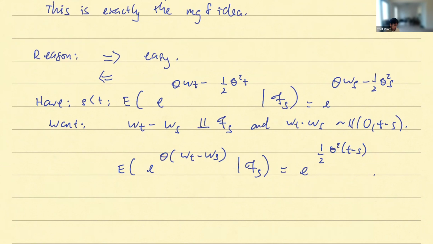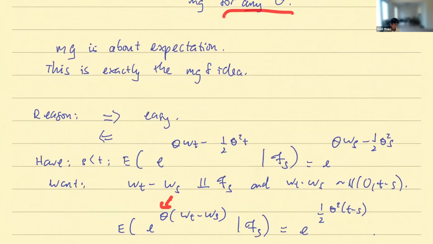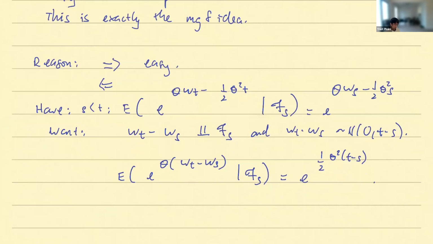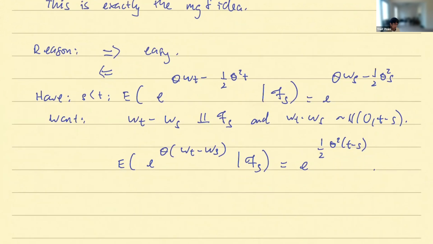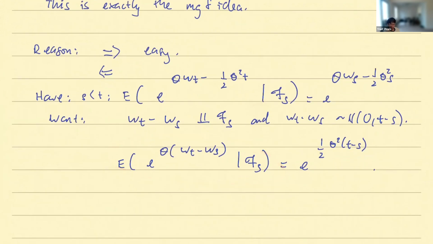But if this is true for all theta, that's the key. Then, because the right-hand side is not random, you're basically saying that taking conditional expectation is like taking expectation. But again, the emphasis is that it is true for all theta. This allows you immediately to conclude that W_t minus W_s is independent of F_s.